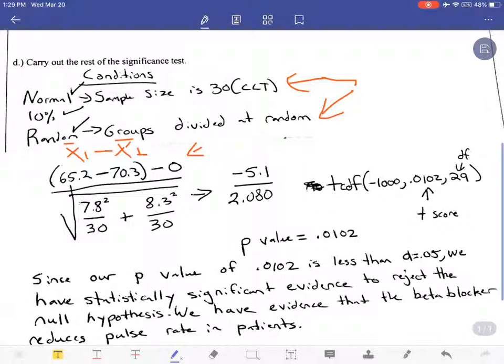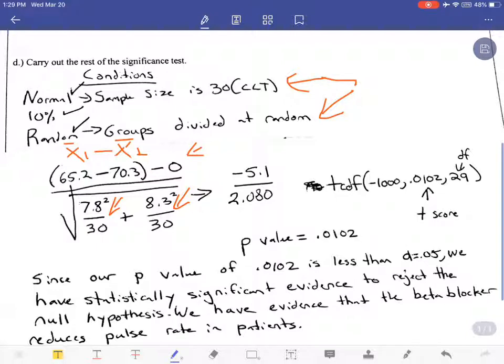Then on the bottom, we put in our standard deviation formula that we learned in today's first video. Just like we did for the confidence interval, we take our sample standard deviation and sample size from sample 1, plug it into the formula right there. Same thing from sample 2, and we want to calculate this out.